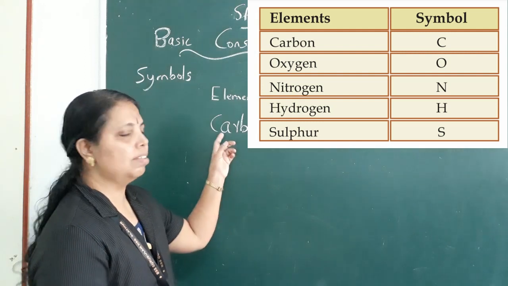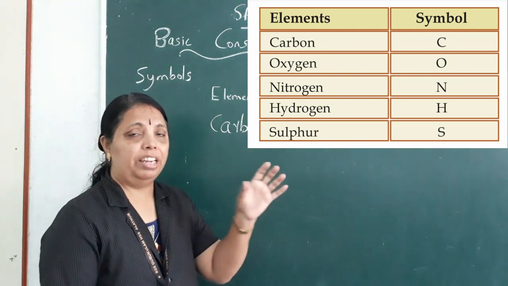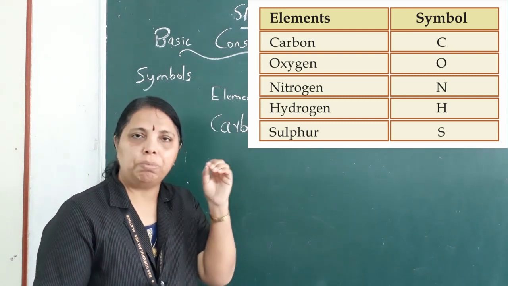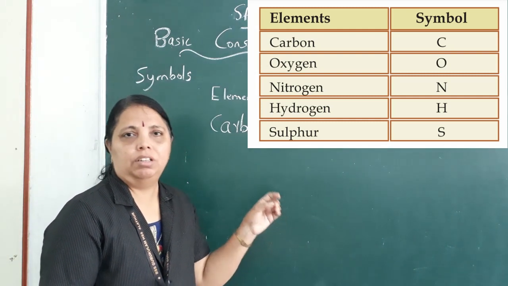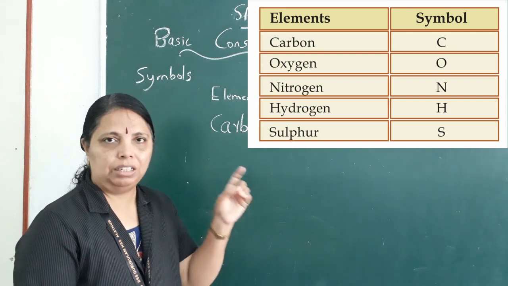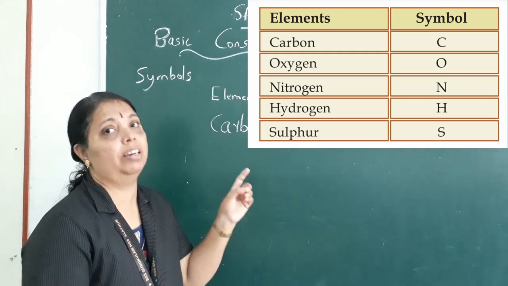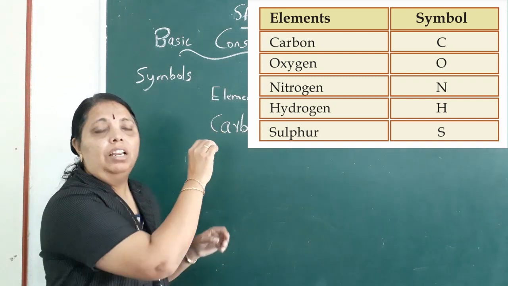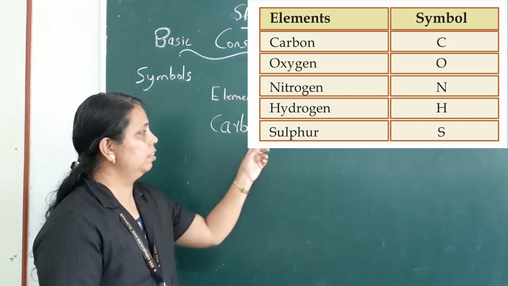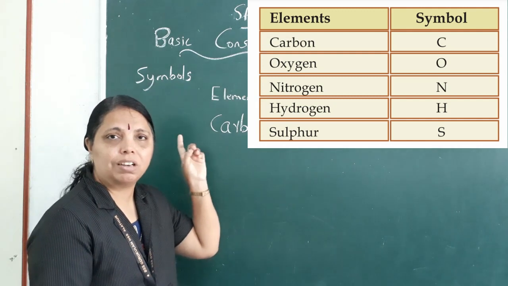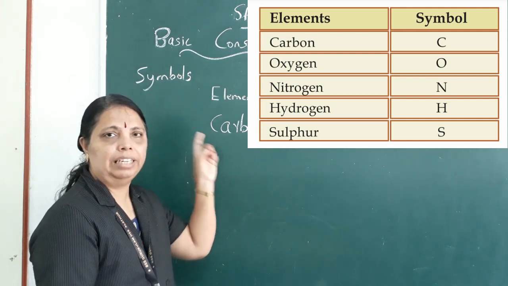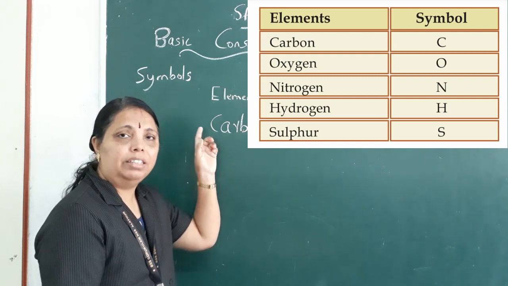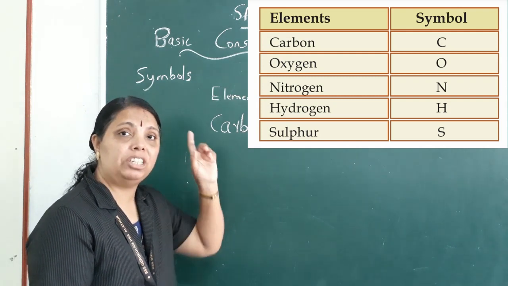Now what is the symbol for carbon? There is a rule. You just can't write anything. If I wish to mention carbon, then the first method is to write the first letter of the English name. Which is the first letter? C. And that has to be written in capital letters.